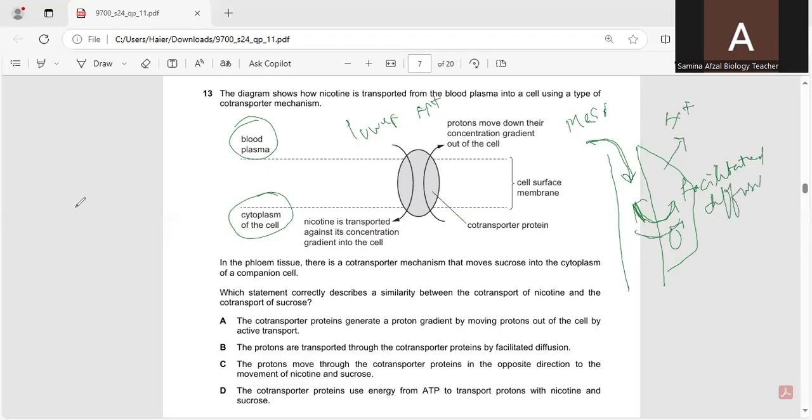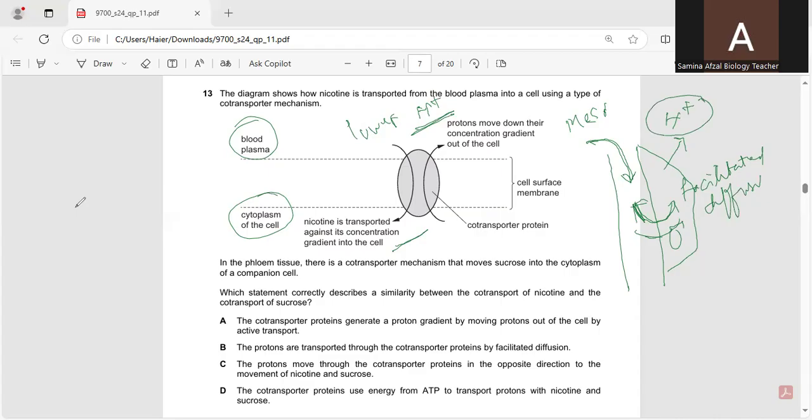So the difference is that there, hydrogen ions move out and nicotine moves inside the cytoplasm. But in this case, when hydrogen ions or protons move out, they re-enter again with facilitated diffusion. So we will move towards the statements.